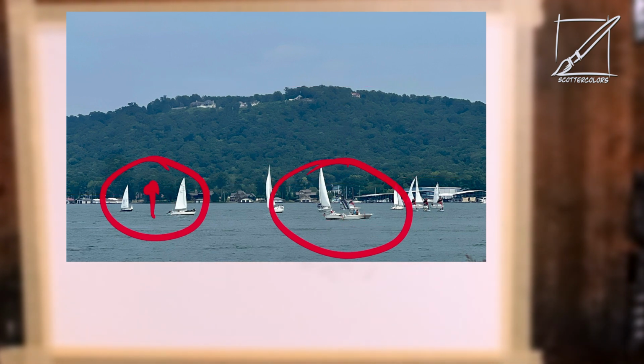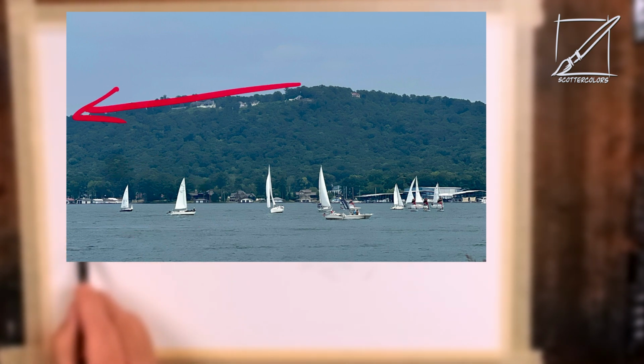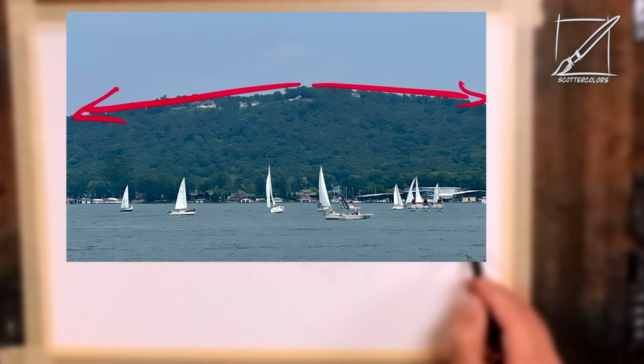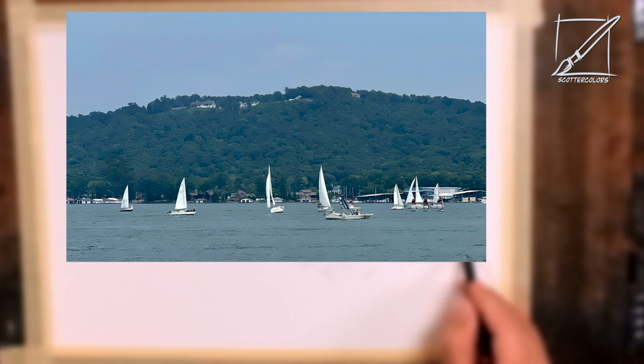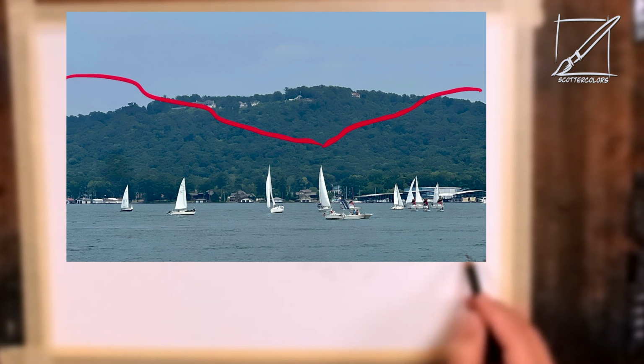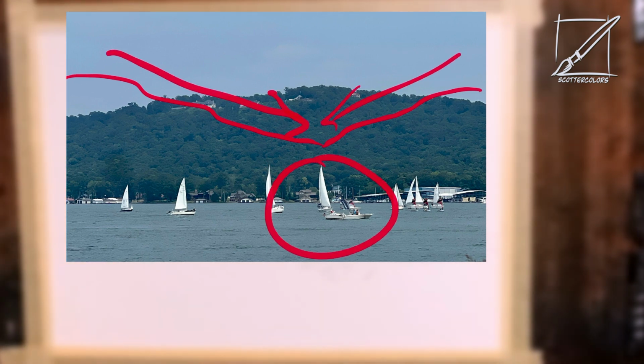Problem number 3 is this mountain range or mountaintop, and that mountaintop leads you out of the painting, and that's not going to help you. It's not going to help your viewers. So what we want to do is bring this in and bring that in, and we're going to push those back in the distance, but we're going to bring those to where they point down to where our center of interest is here.